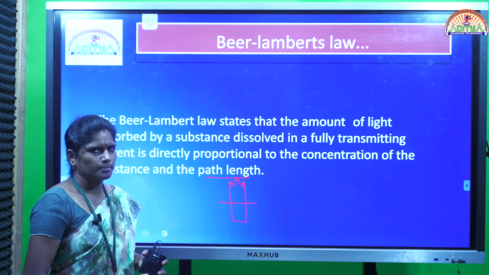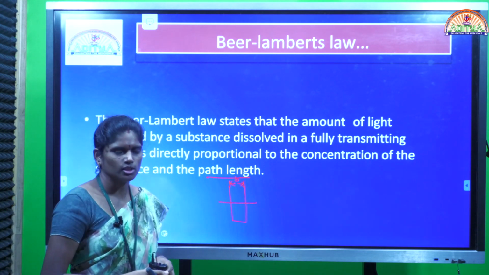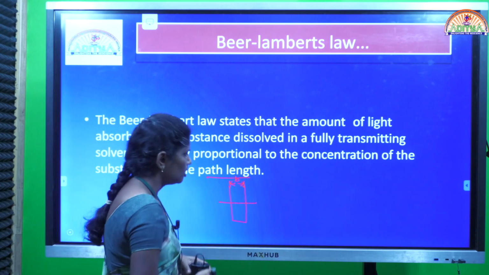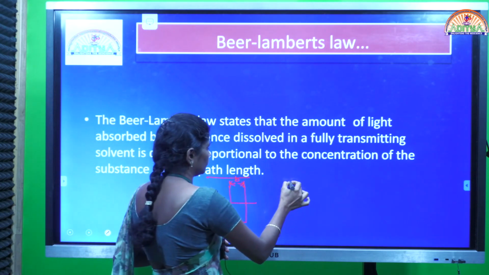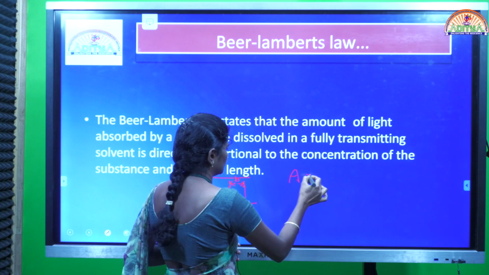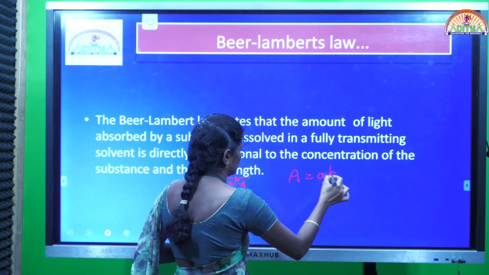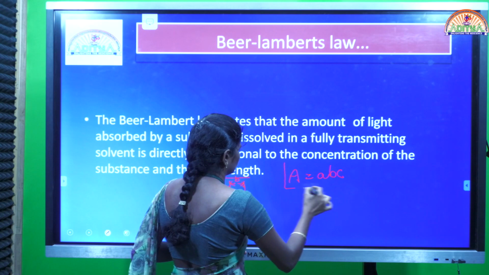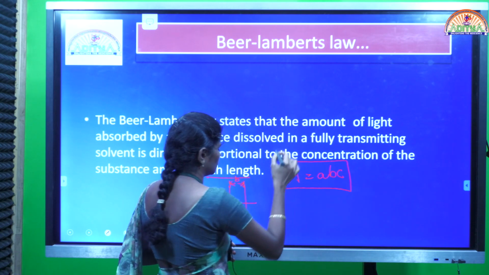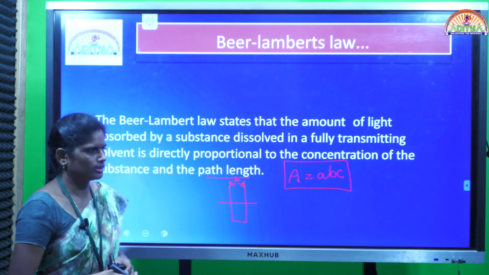And concentration represents the number of molecules in a given sample solution. So we have an equation which is given as capital A equals small a b c, which is obtained after deriving the Beer-Lambert equation from the previous two statements.